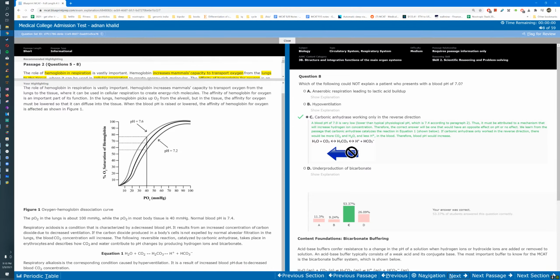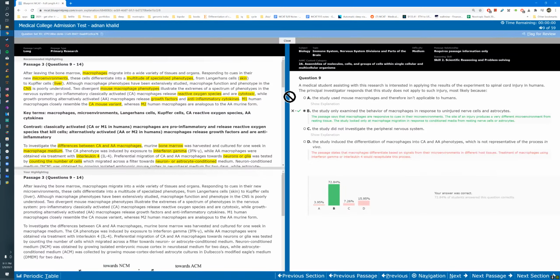This is Le Chatelier, and it's basically going to be working to make it more acidic. So A, B, and C and D are all just would have the same result of making blood more acidic. Carbonic anhydrase, I didn't completely remember, but it has to be it because everything else is the same thing. Same thing being different from the carbonic anhydrase question.